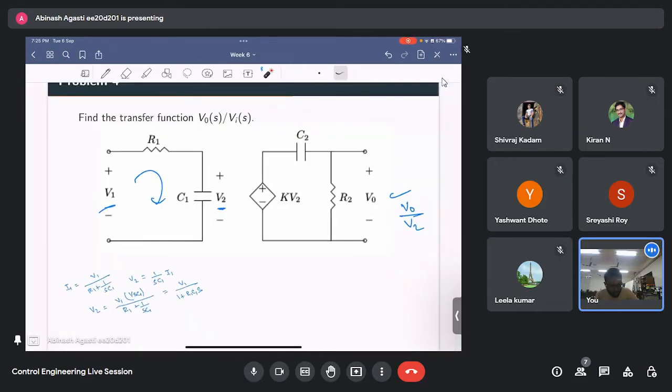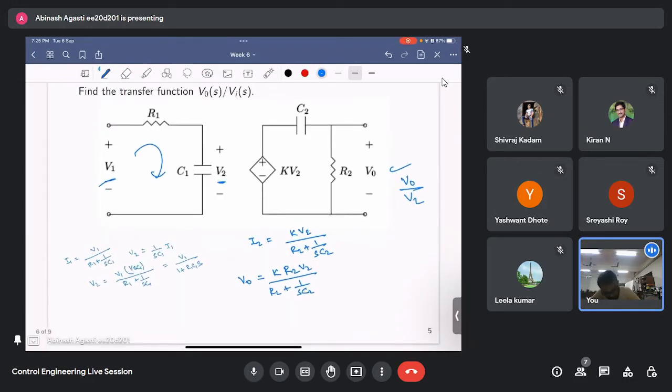Similarly, give me a transfer function between V0 and V2. So again we can see that I2 will be V2 by R2 plus 1 by SC2, and V0 is K R2 V2 by R2 plus 1 by SC2.